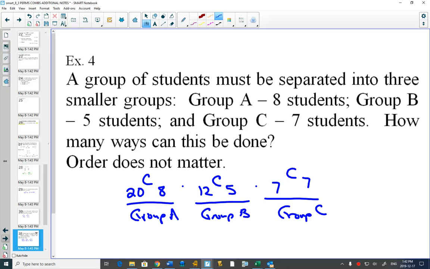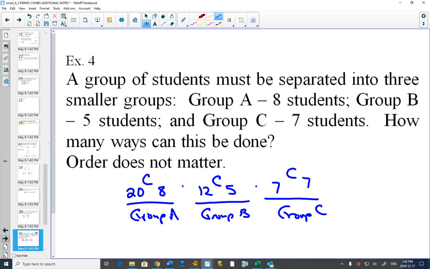So we get this as an idea: 20 choose 8 times 12 choose 5 times 7 choose 7. The question you have to ask yourself, and this is the hard part about permutations and combinations, is: does my logic work?